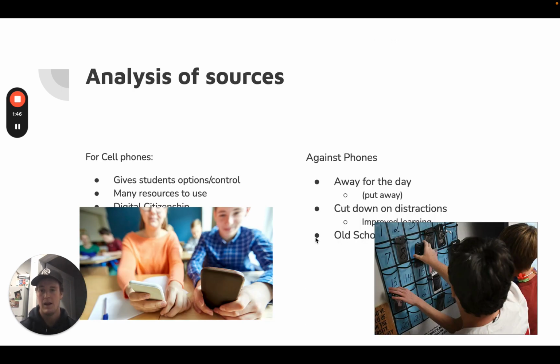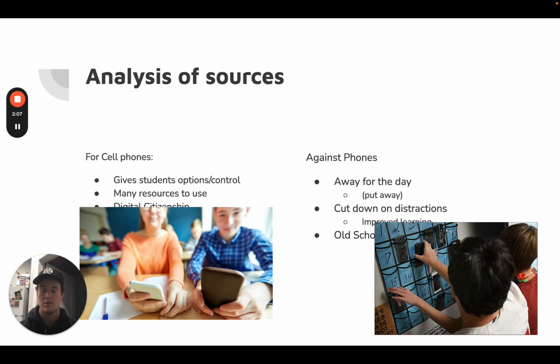Now, some analysis of sources. What I found is that the group that is for cell phones often likes it because it gives students options and control. Students are allowed to keep devices so they don't feel restrained, so they're going to respond better to classroom procedures.